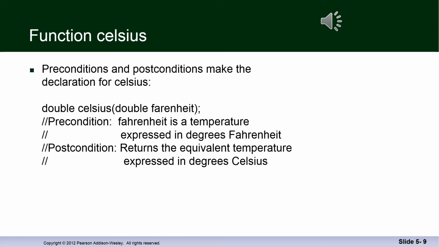So this is a very structured approach to help you with the black box analogy, to make your function declaration black box compliant. It forces you to think of all the preconditions and the postconditions and makes the declaration more readable, easier to understand.